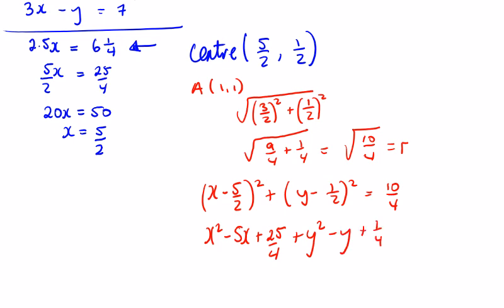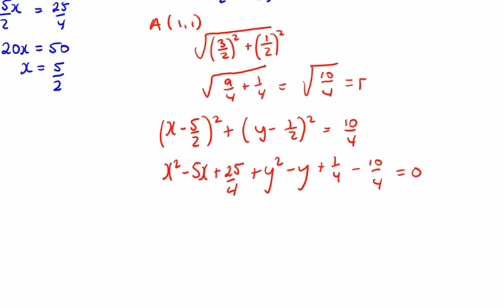And I'm going to bring the 10 over 4 across and let it equal 0. So I'm going to get x squared plus y squared minus 5x minus y. And I have 25 and 1, 26 over 4, minus 10 over 4 is 16 over 4, positive, so that's plus 4 equals 0.